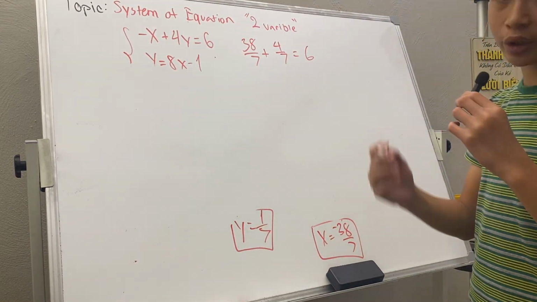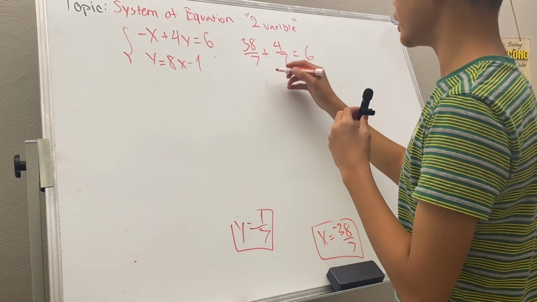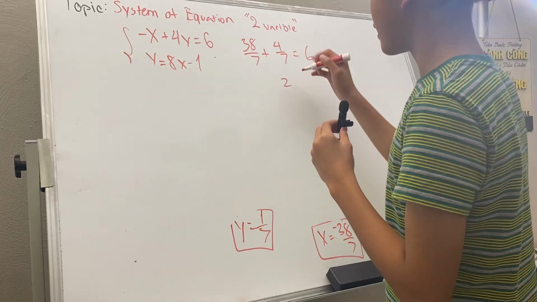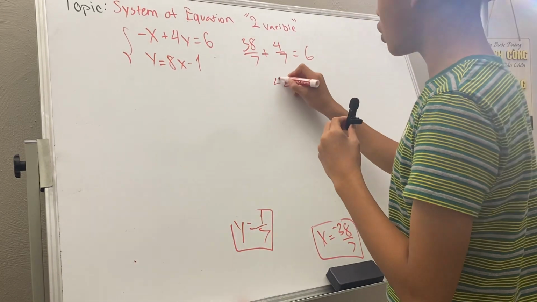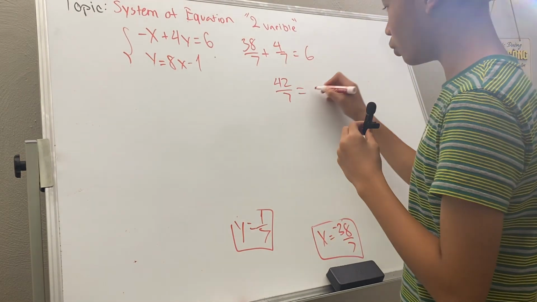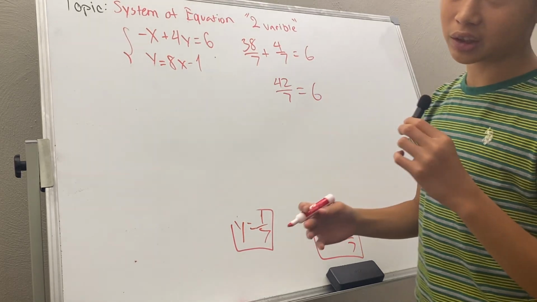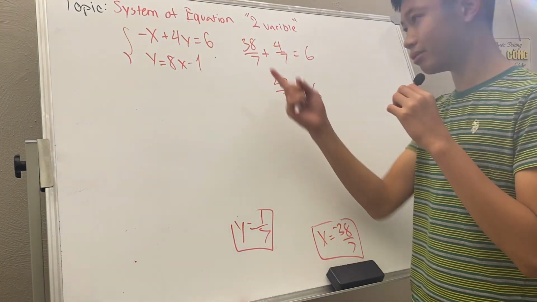It must equal 6 or it is wrong. 38 plus 4 is 42, over 7, which is 6. You can plug it in here too to make sure your answer is correct. And I was correct, yes.